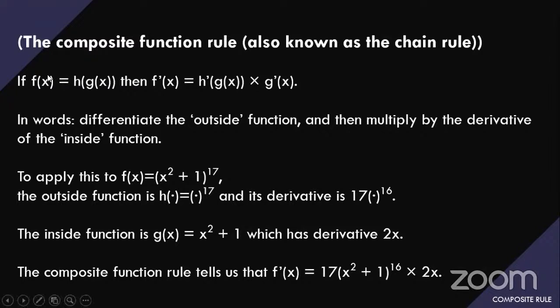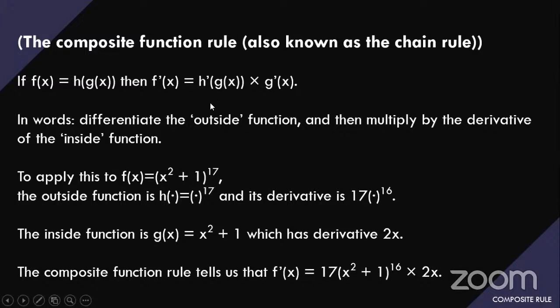What does it tell us? If f of x equals h of g of x, then f prime of x equals h prime of g of x times g prime of x. In words, it means we differentiate the outside function, then we multiply by the derivative of the inside function.